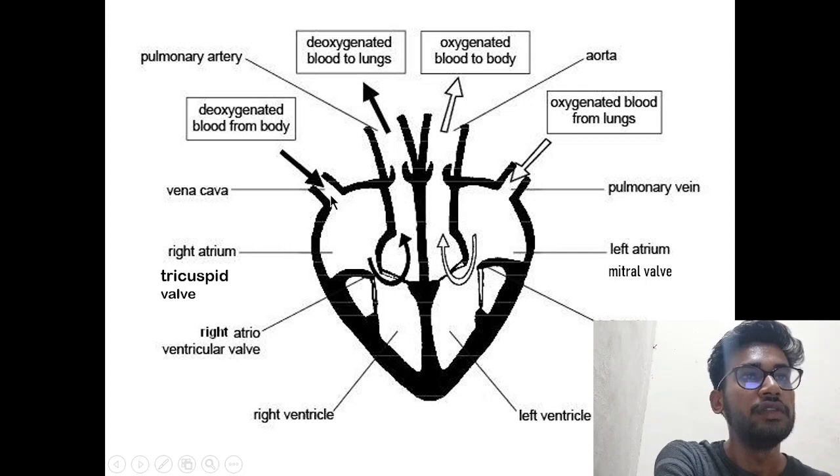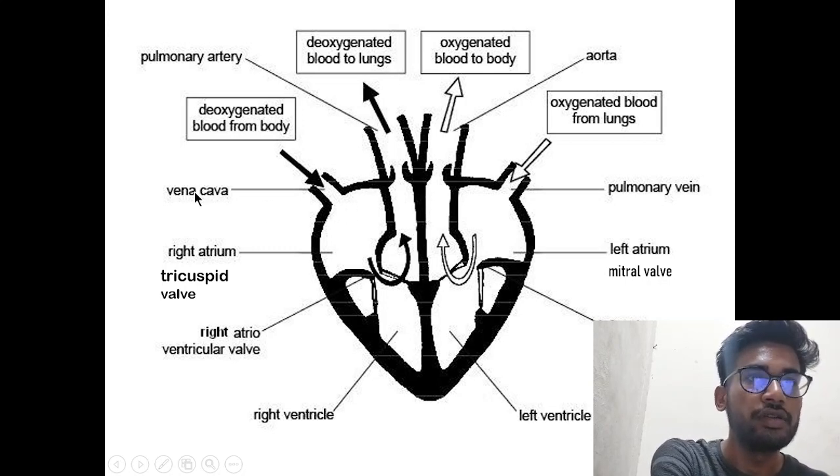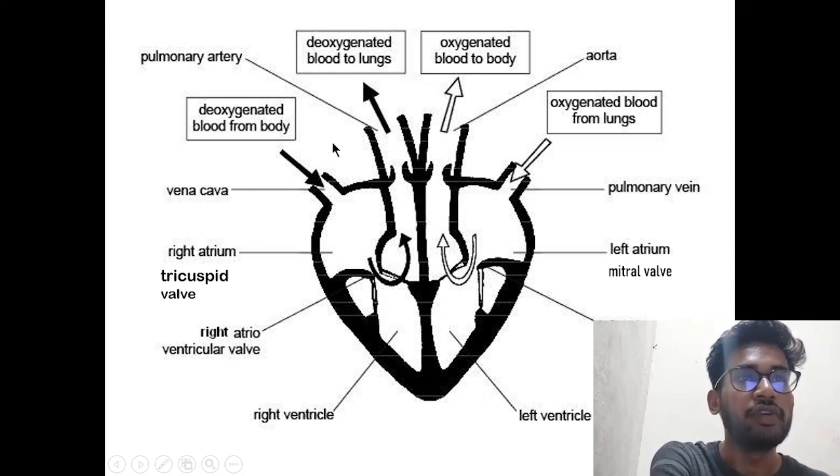We can see the right atrium, and the vessels which transport blood into the right atrium are the vena cava, which can be the superior vena cava and inferior vena cava.